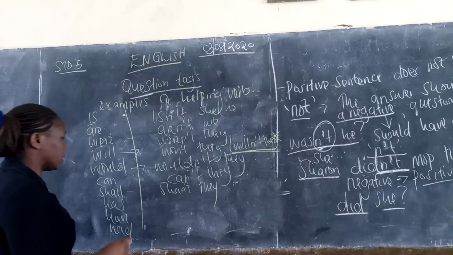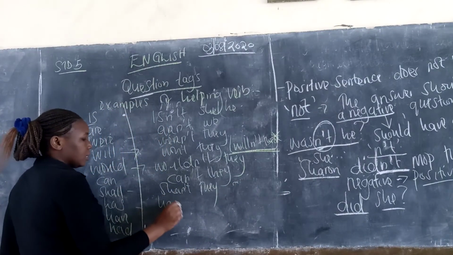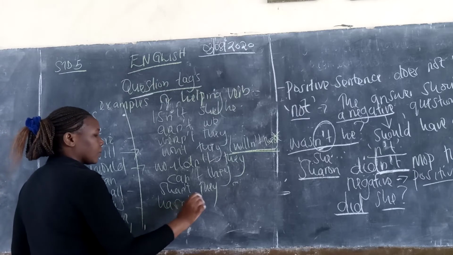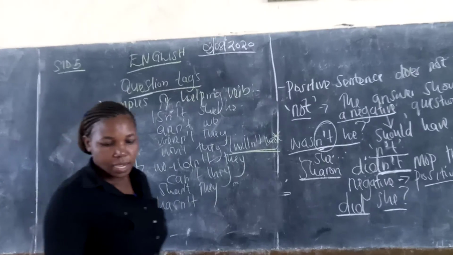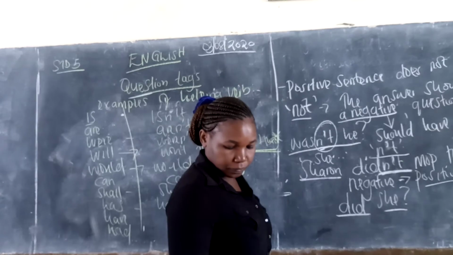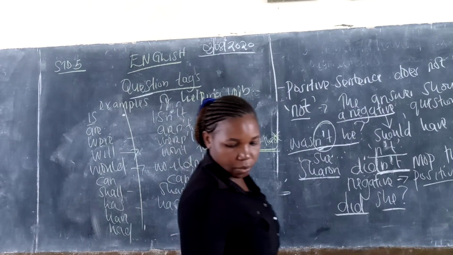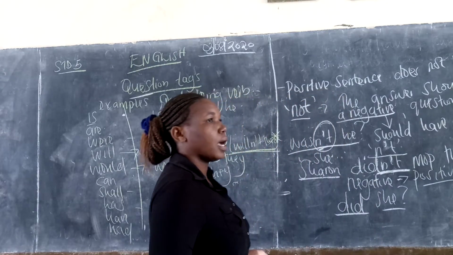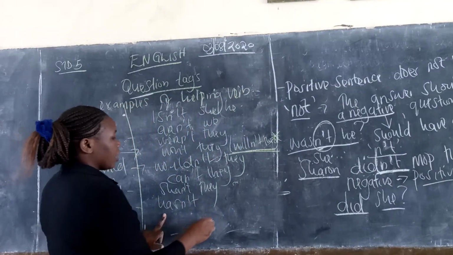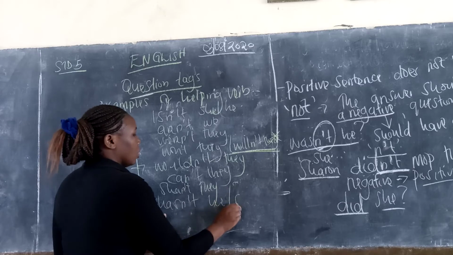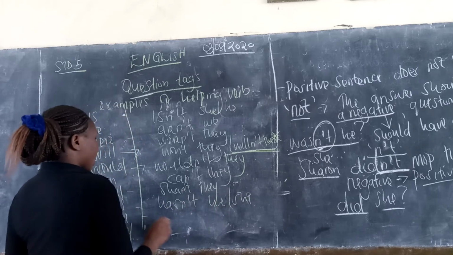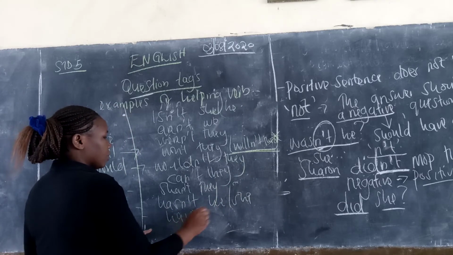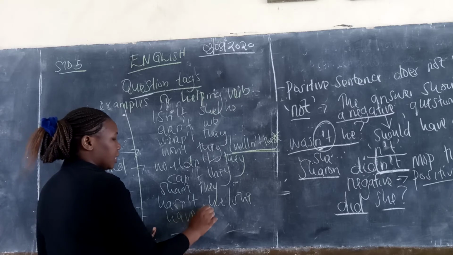We have has, hasn't he or hasn't she. We also have have, haven't they, because there are very many.